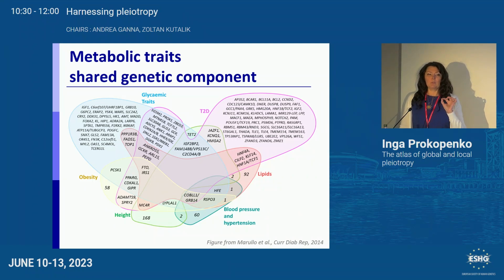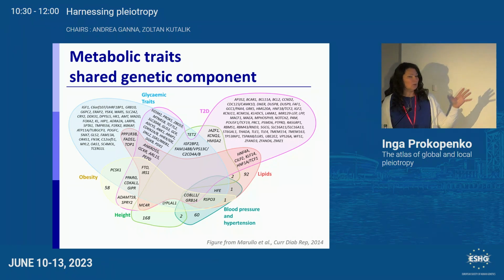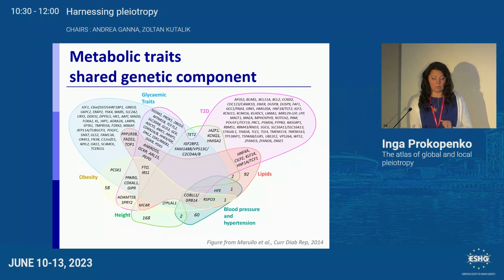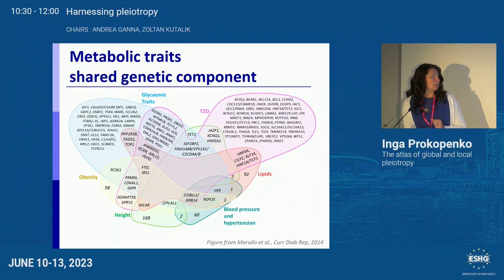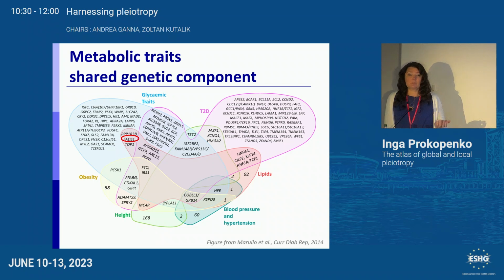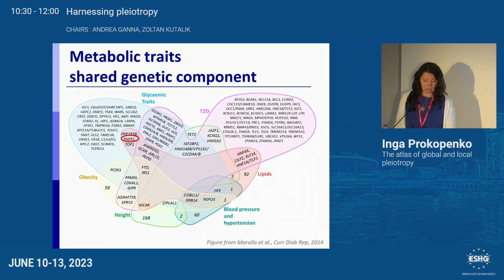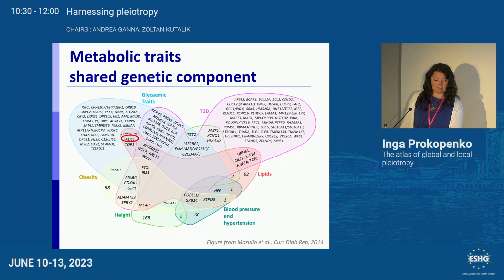We haven't run colocalization, which Luke mentioned before, but just by name and because of the correlation between these phenotypes, we think that there is a lot of shared genetic component. What you can find on this plot is that FADS1 is also associated with glycemic traits, for example, with fasting glucose, as well as with lipids.